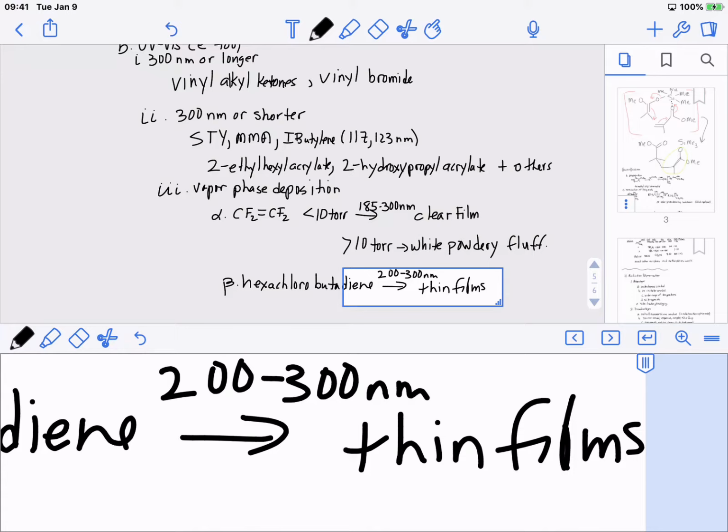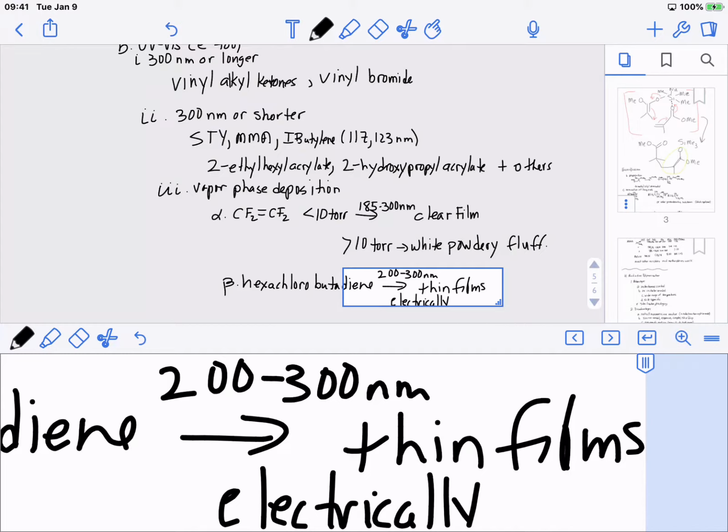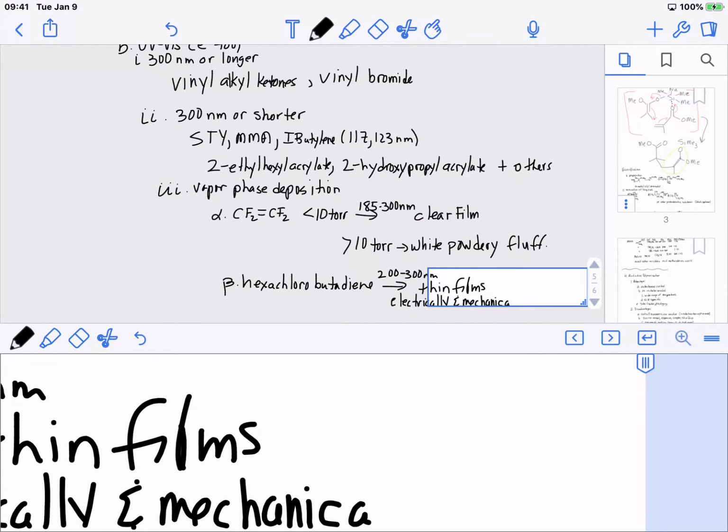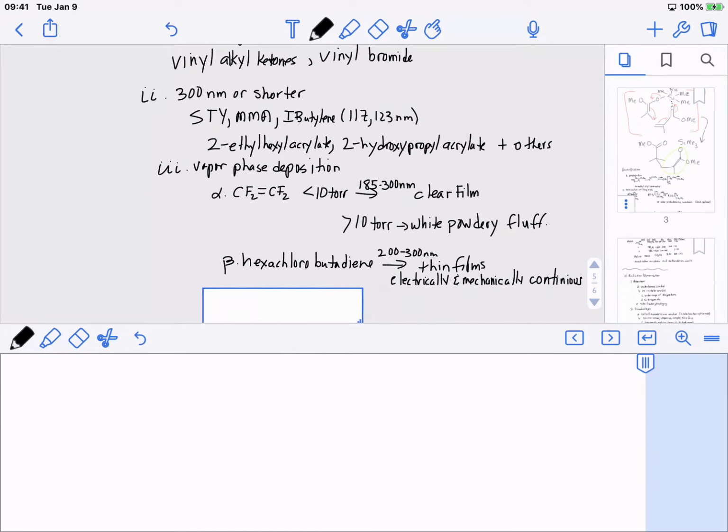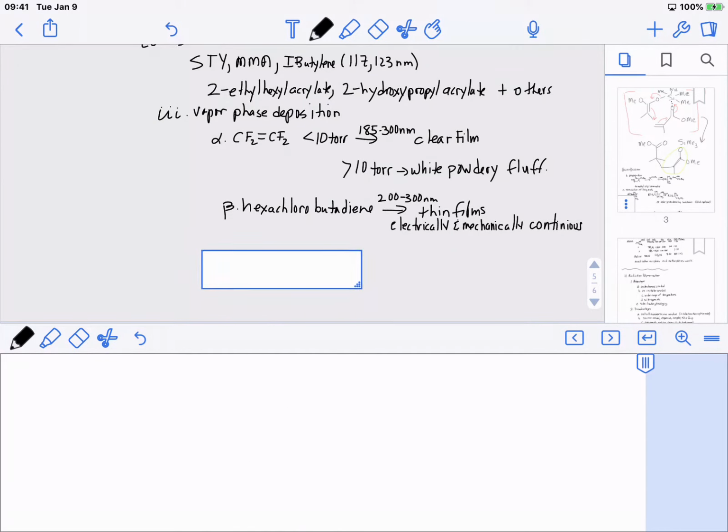And they are electrically and mechanically continuous. So you can make a conducting film on the surface.